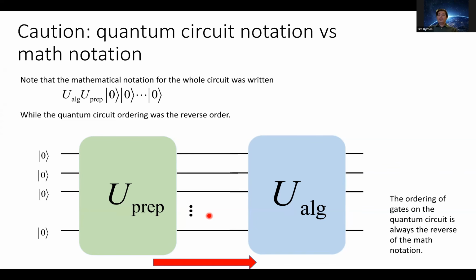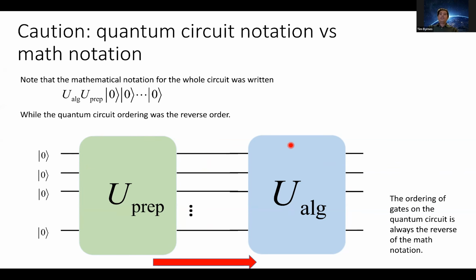One pitfall that some people make is because of the convention of this circuit here. As I said, time goes from left to right here, right? So this means that the things on the left are applied before the things on the right.